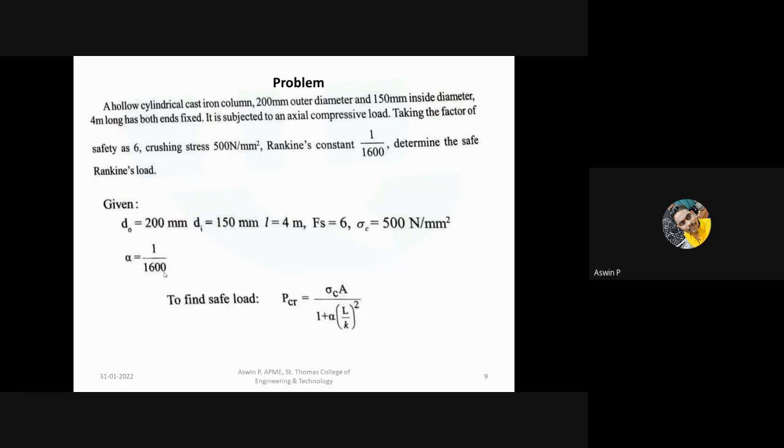First of all, we need to find the equation for Rankine load, that is P. No need of PCR, you can write it as P itself.